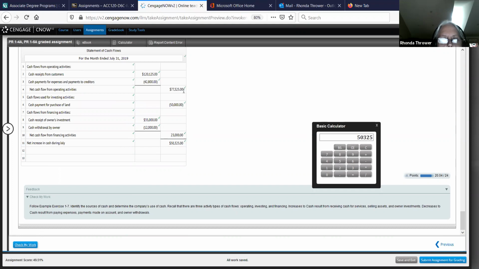Again, I combined my net cash flow from operating activities with my net cash flow from investing activities and my net cash flow from financing activities. All of these combined equal a positive amount, which is an increase in cash during July.